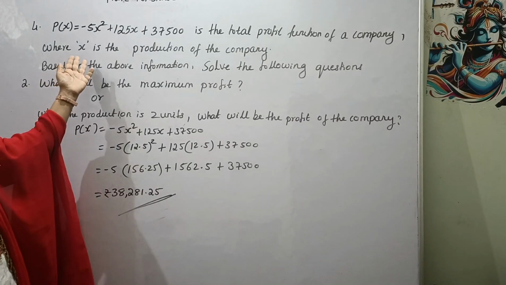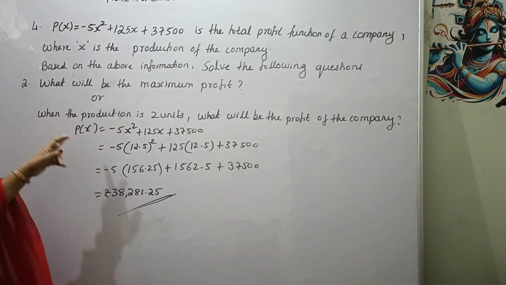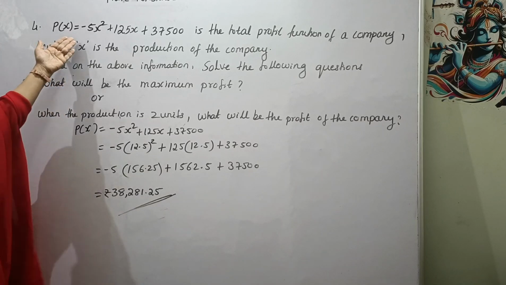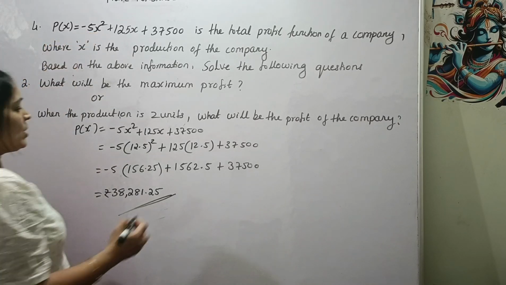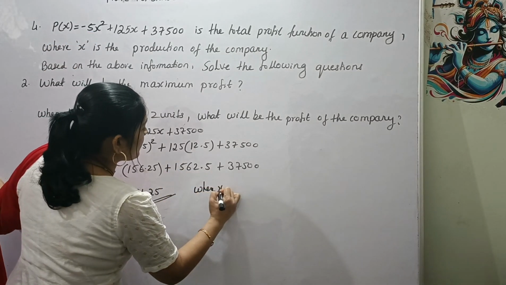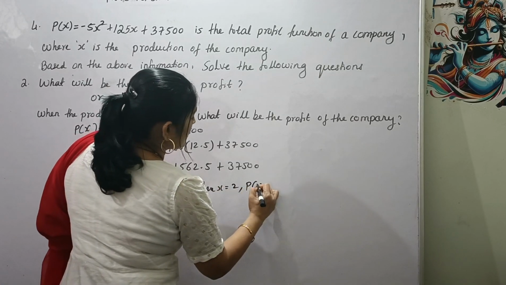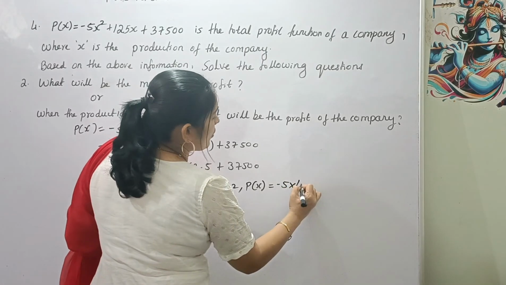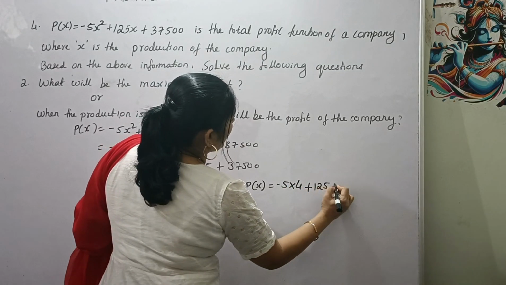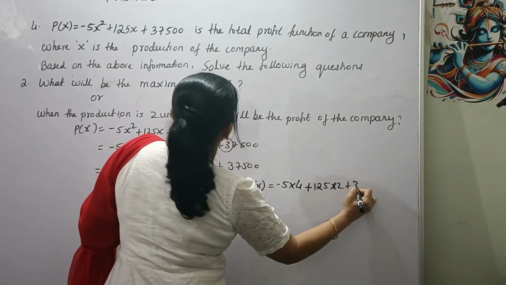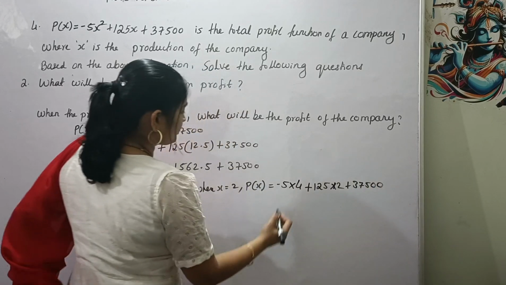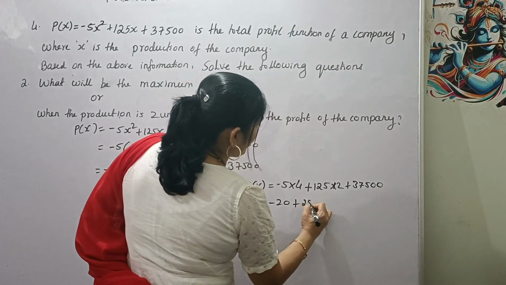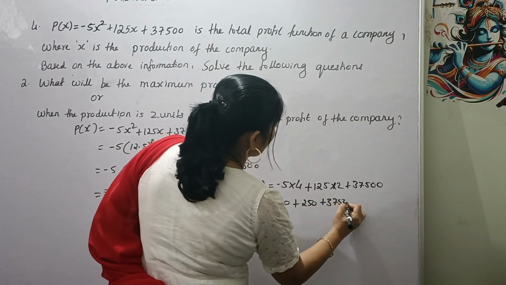So next is, when the production is 2 units, means when x is equal to 2. Okay, because here x denotes the production of the company, right? So when x is equal to 2, what will be the profit of the company? Just substitute x is equal to 2 here. So when x is equal to 2, what is P of x? Minus 5 into 2 square 4 plus 125 into 2 plus 37,500. That is equal to minus 20 plus 250 plus 37,500.